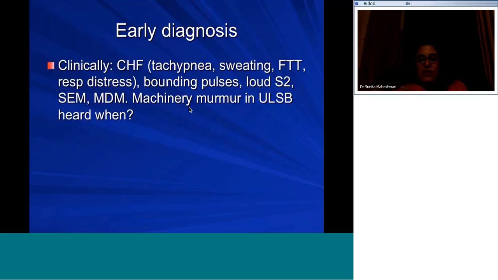At the apex, at the mitral valve, similar to why you get an MDM in a VSD or a PDA. All that blood coming back to the LA has to go across the mitral valve and give you a flow murmur. Now, in an AP window, if you hear a machinery murmur in the upper left sternal border, in which situation is it heard? A machinery murmur in the upper left sternal border. Diagnosis: AP window.